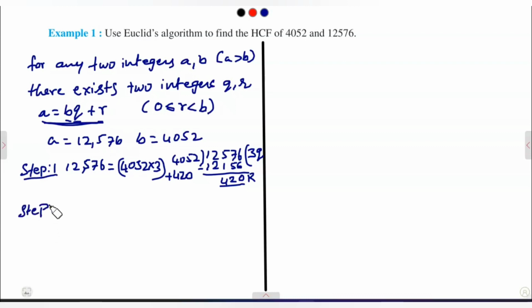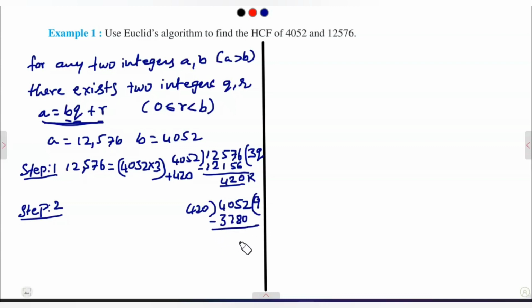As the remainder is not 0, we need to continue the division. Let us do the same division, taking 420 as the divisor and the previous divisor as our dividend now. So 420 times 9 gives you 3780.